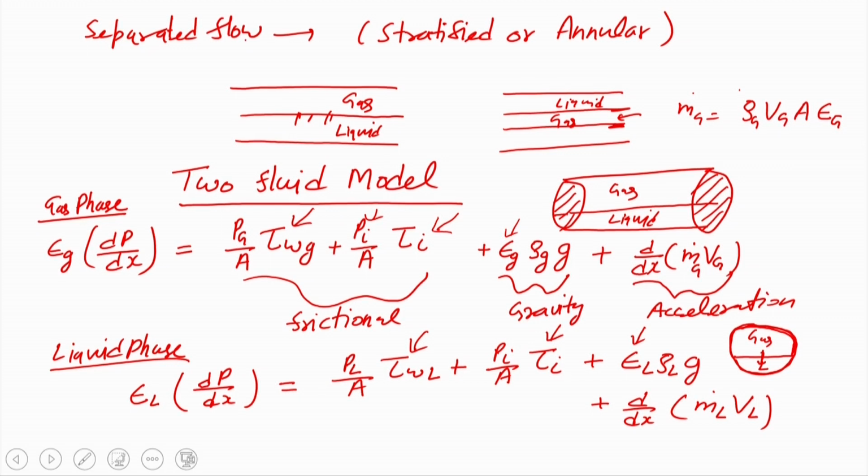Now, tau Wg is very simple, the way we have defined it in single phase flow. It will be the friction factor f into rho into V square upon 2.